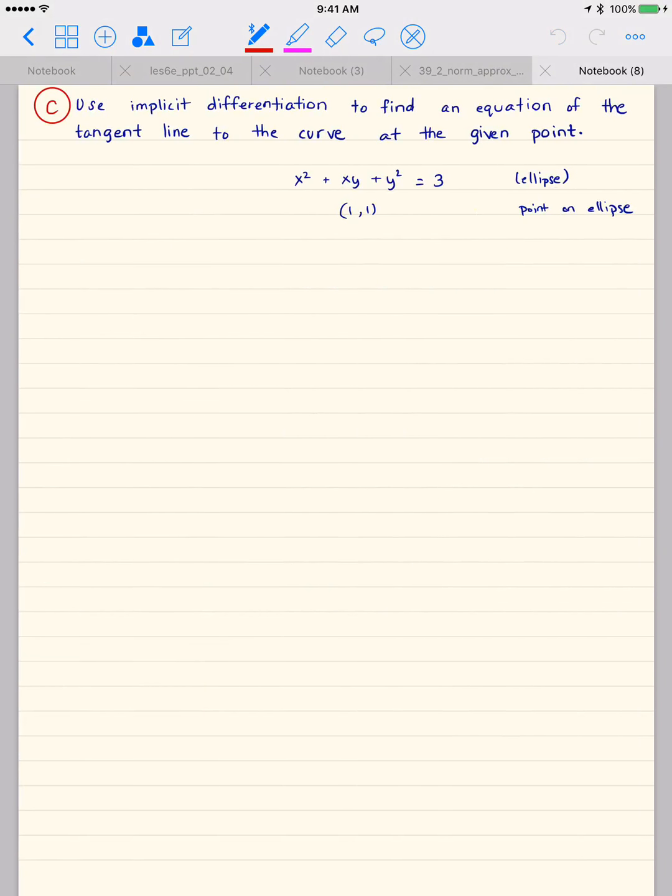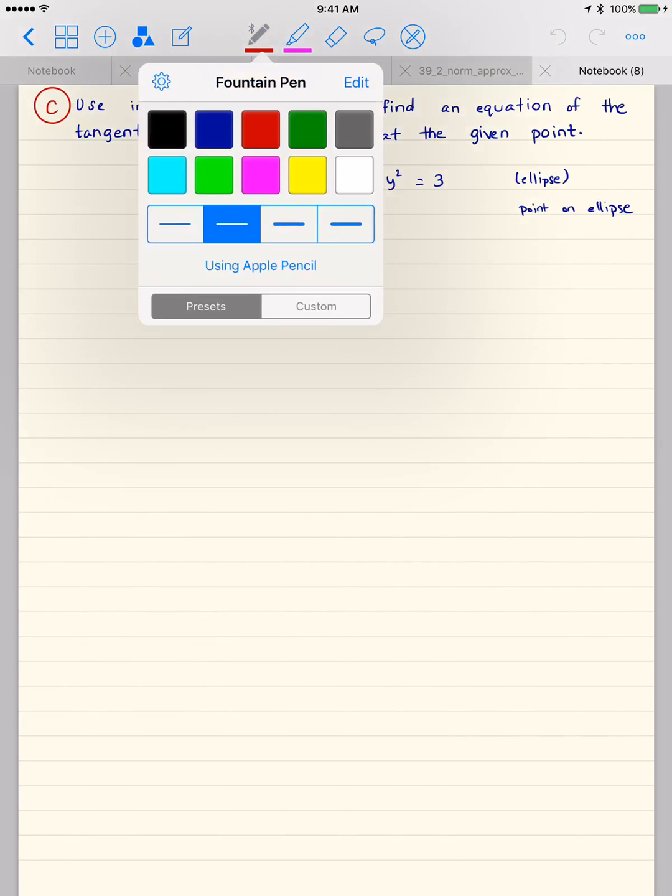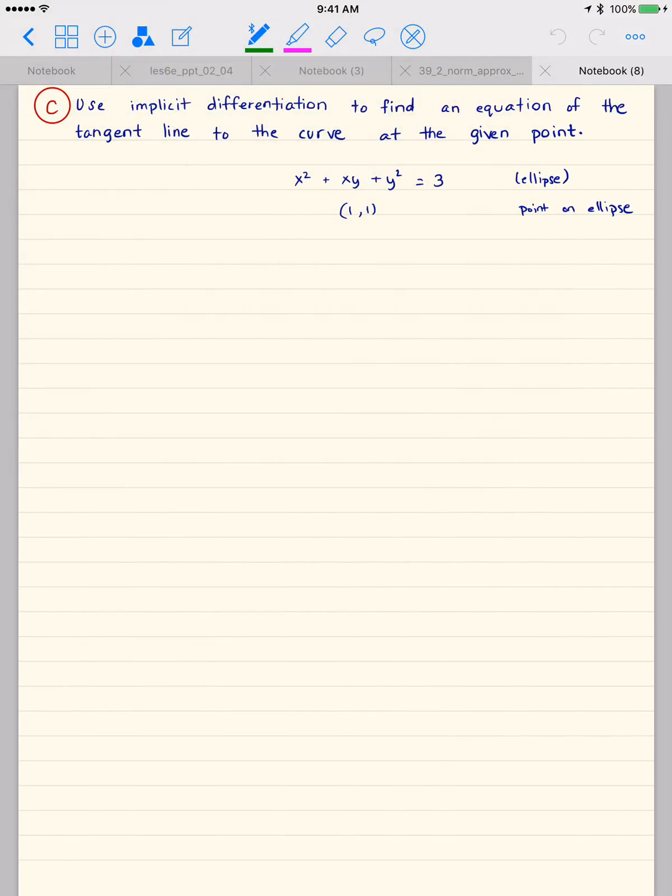Okay. And now we have the last problem here, which is going to involve implicit differentiation.